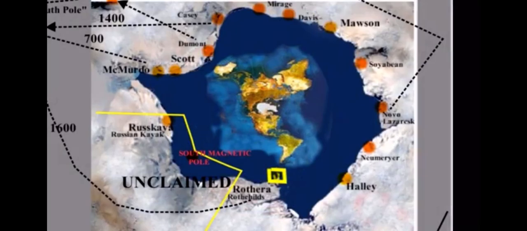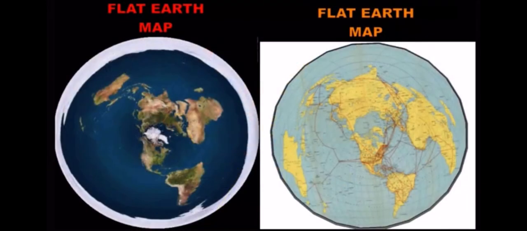They take the outer perimeter of what would be Antarctica on the globe and they put it as the ice wall. So instead of a circular ice wall, you have the shape of what would be Antarctica on a globe as your ice wall. Now when you stack these different maps side by side, you can see they are much different. So there are people out there who absolutely do not agree with the AE map whatsoever.